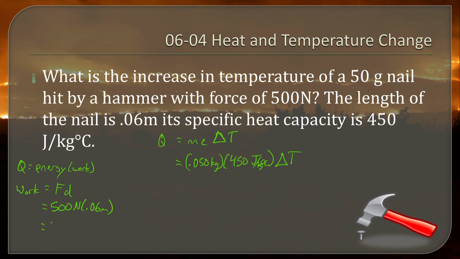So that means our work is 30 joules. So that means our Q is 30 joules. So if we divide, that means our temperature changes by 1.33 degrees Celsius.